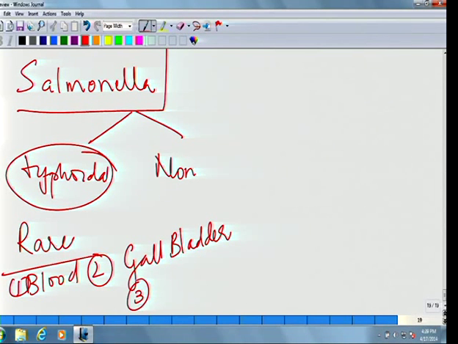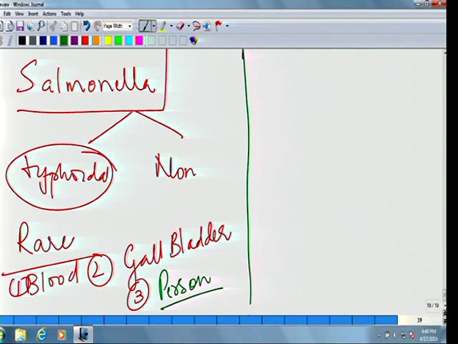And third, infection is always from person to person, like Shigella. There are no animal reservoirs for Salmonella typhi. If there is a case of typhoid, you know that that person got it from another human being, not from any animal resources.